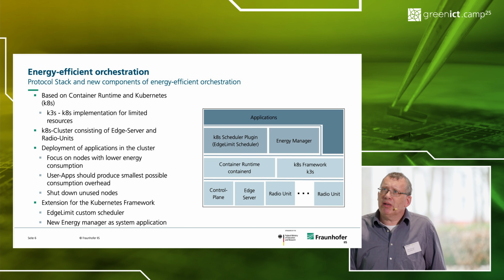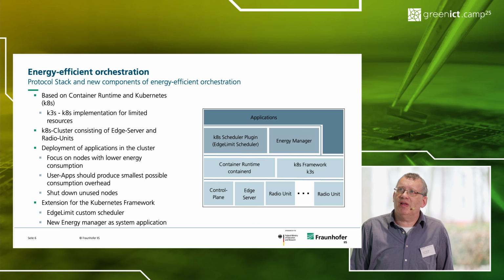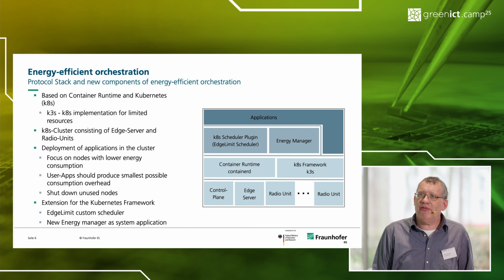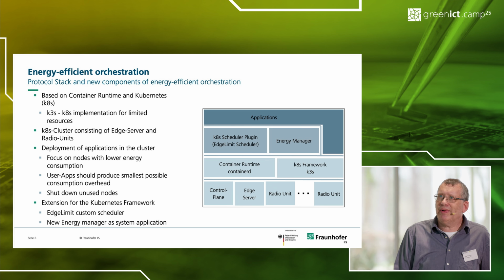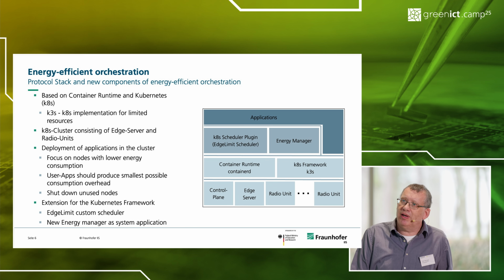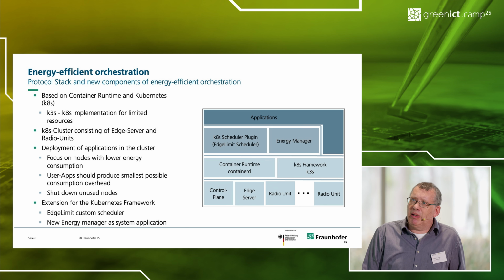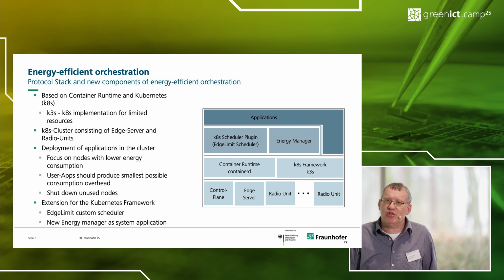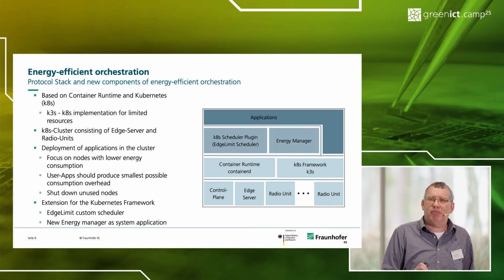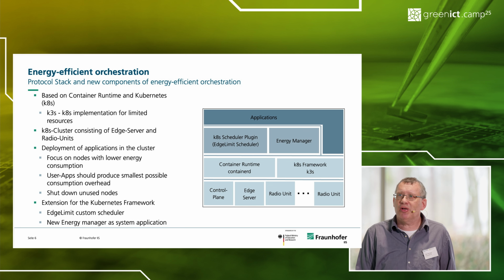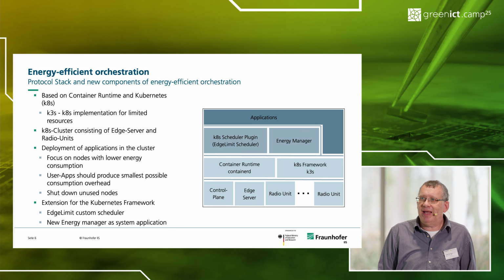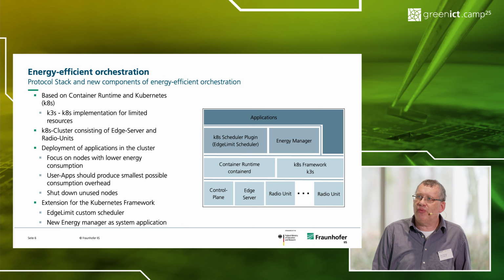Okay, now here a short overview about the protocol stack. On the hardware side, we have a control plane. On the control plane, there's running Kubernetes, a small, resource-efficient version of Kubernetes. And then we have different worker nodes.